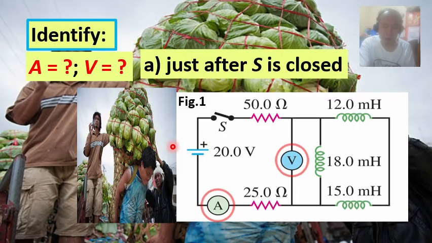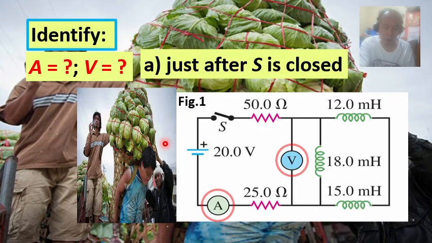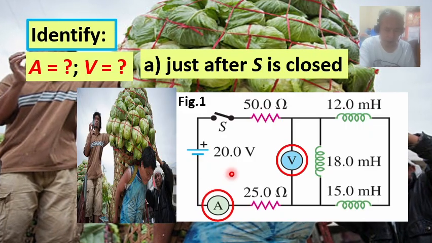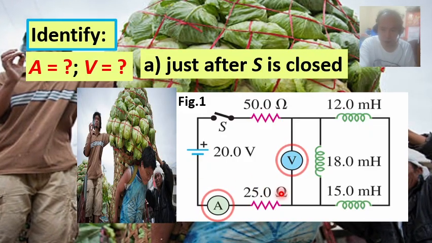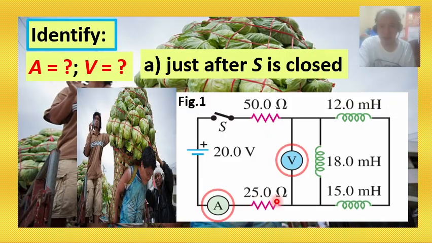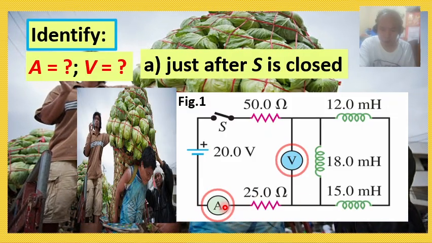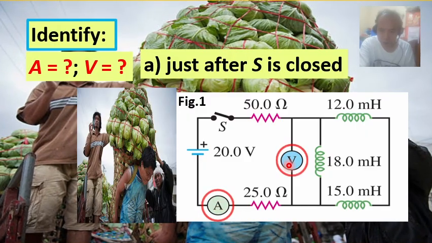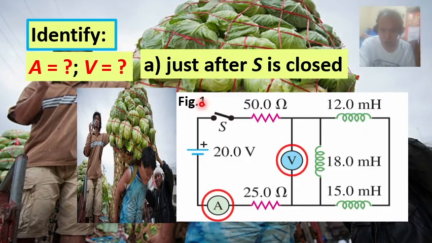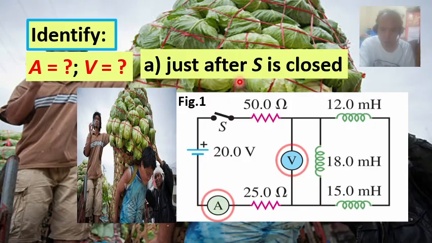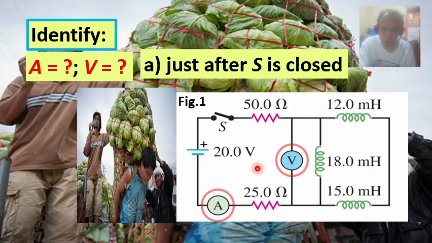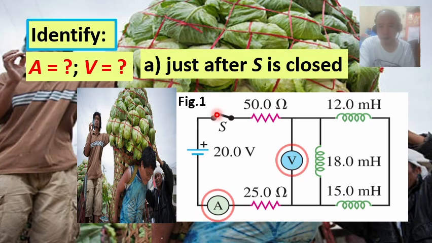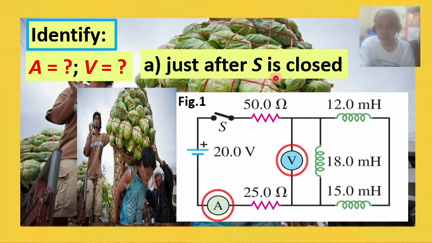Our target variables are the ammeter and the voltmeter readings. As emphasized in the circuit diagram, we have here the ammeter and the voltmeter. So in part A, what are the ammeter reading and the voltmeter reading just after the switch S is closed?